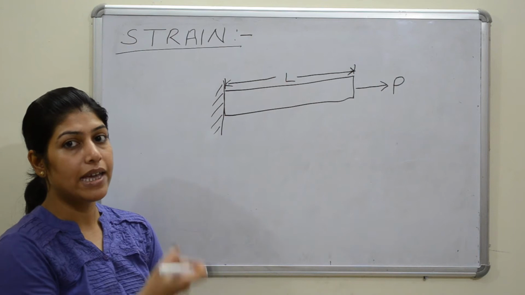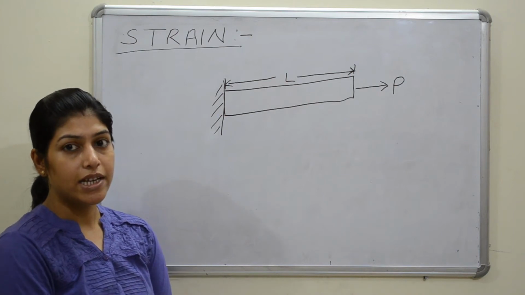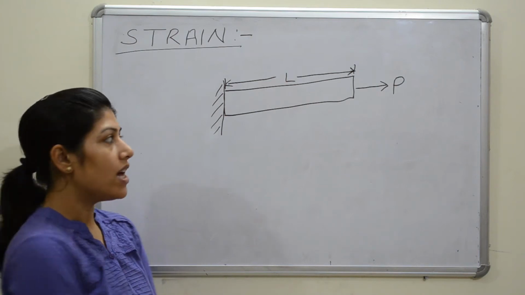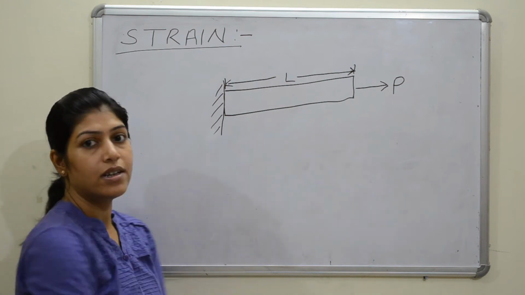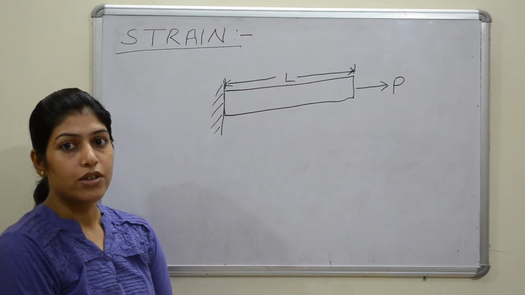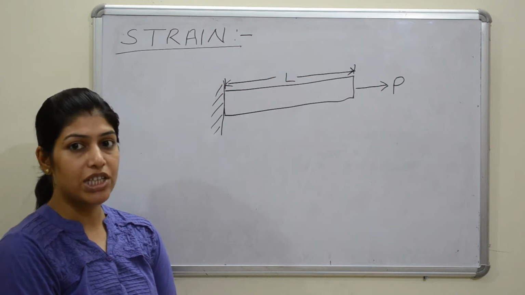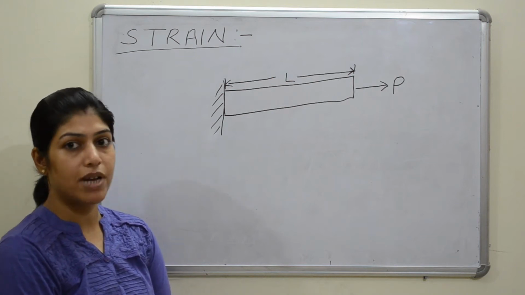So if we are applying a tensile force, in that condition it will elongate the prismatic bar. It means there will be some change in length in this prismatic bar.